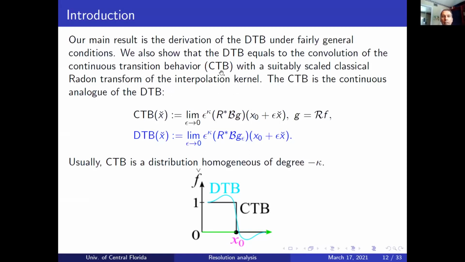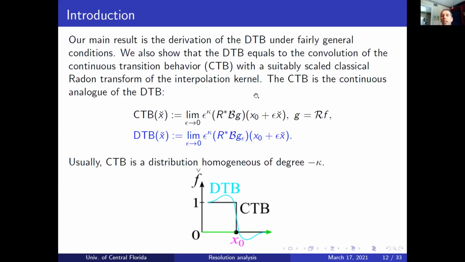Our main result is the derivation of an explicit formula for the DTB under these fairly general conditions. Also, we show that the DTB is just the convolution of the continuous transition behavior with a suitably scaled classical Radon transform of the interpolation curve.